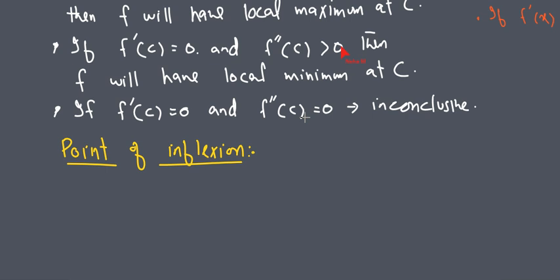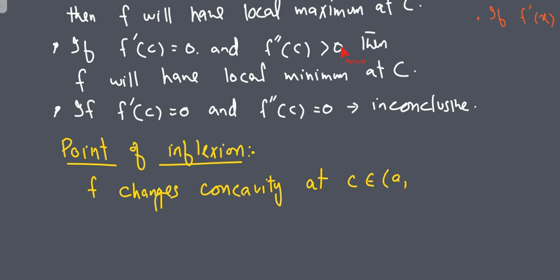We will say if the function f changes the concavity at some point c in the interval, obviously open interval a and b, then the point c, f of c is a point of inflection.